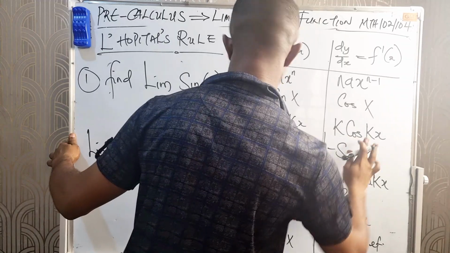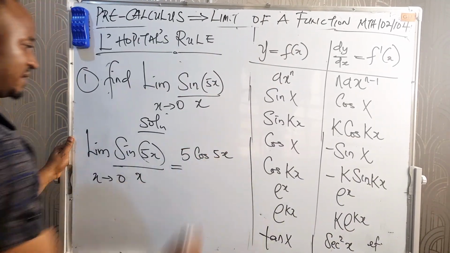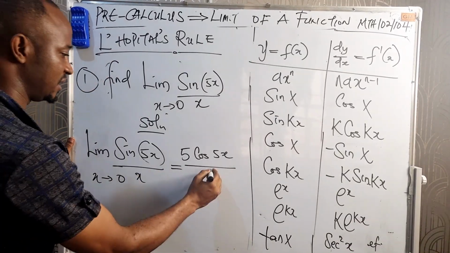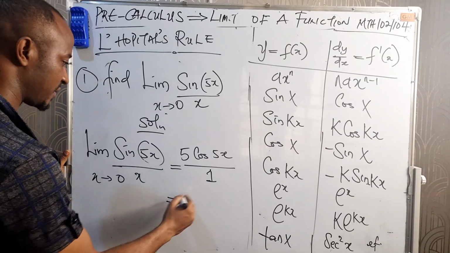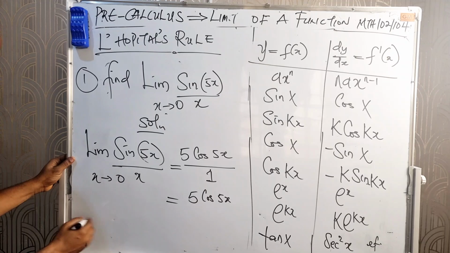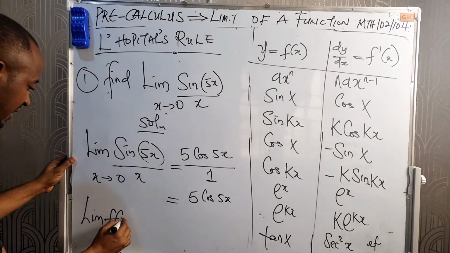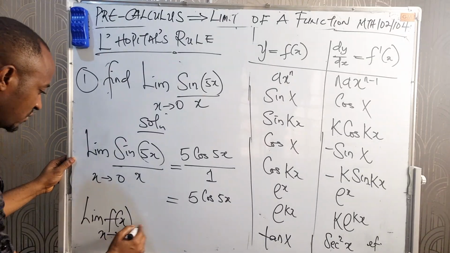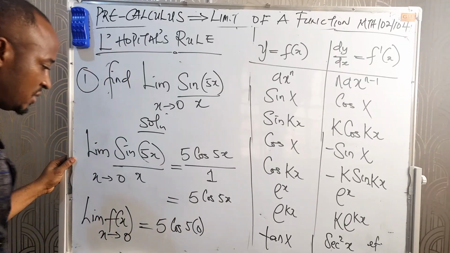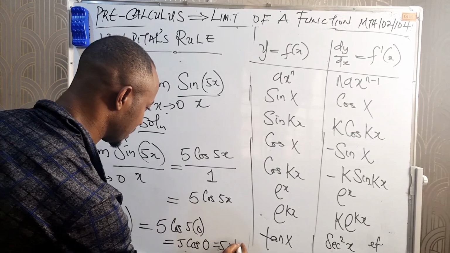Now let's go. So here becomes 5 cos 5x, all divided by the derivative of x, which is 1. So here we have 5 cos 5x. Then our limit of f of x as x approaches 0 will become 5 cos 5 times 0, which is equal to 5 cos 0, which is equal to 5 times 1, equals 5.